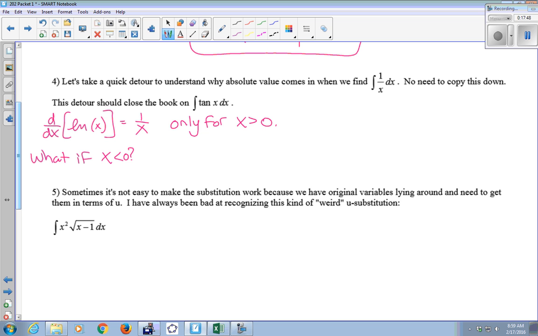Maybe we're going to make a guess here. Maybe if we integrate 1 over x dx when x is negative, we know if it's positive, its integral is ln x because we can just reverse the derivative rule. But I'm going to guess that if x is negative, we get the ln of the opposite of x. Total guess.